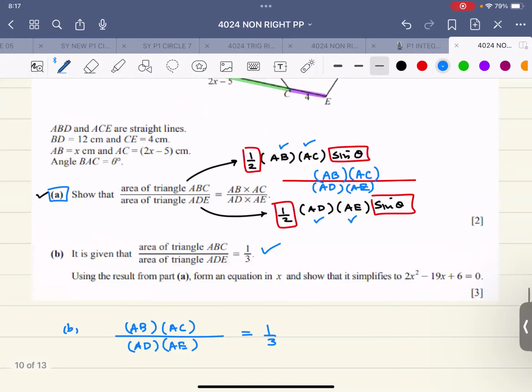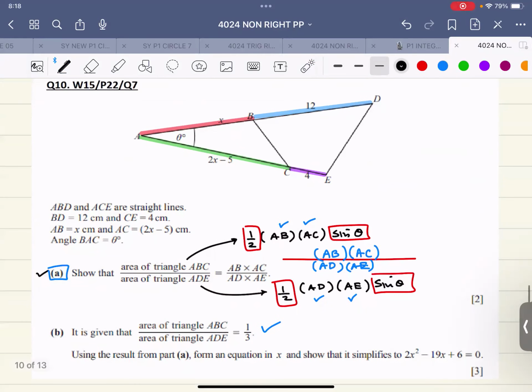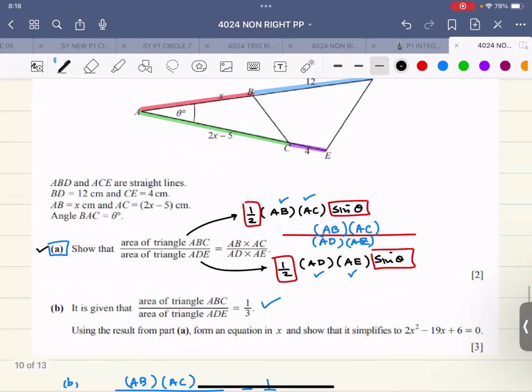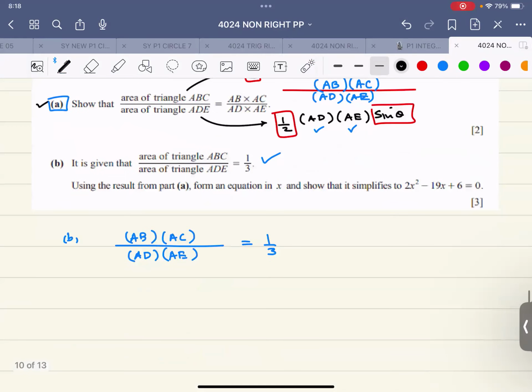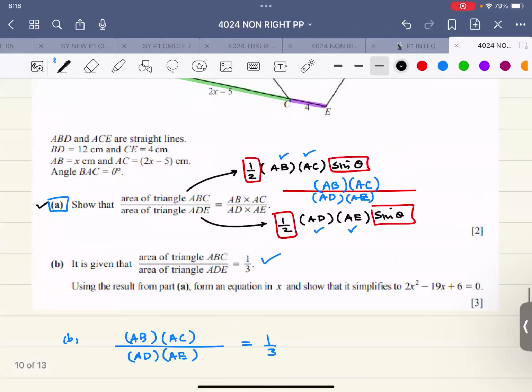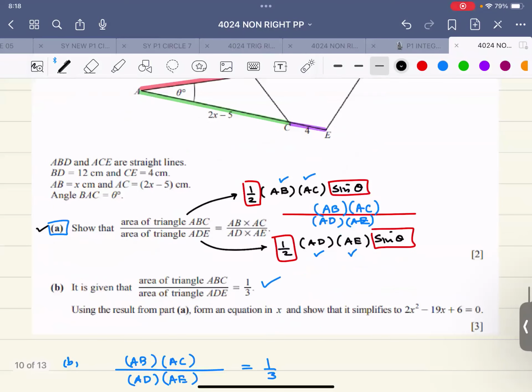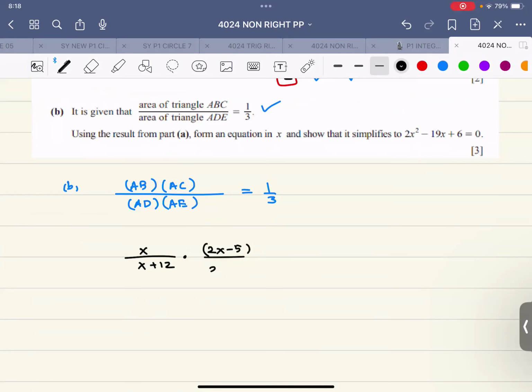Now, what is AB? AB is x and AD is x plus 12. And AC is 2x minus 5 and AE is 2x minus 5 plus 4. Just double check.